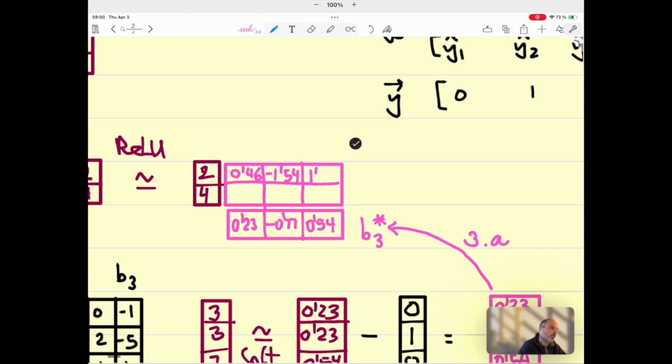And so on. 4 by 0.23 is 0.92, minus 3.08, and 2.16.